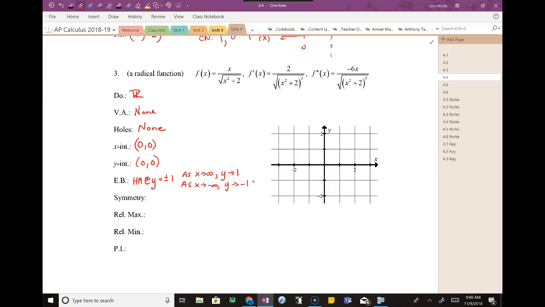We can check symmetry. So let's say we pick 1. If I plug 1 in, I would get 1 over the square root of 3. And if you plug -1 in, you get -1 over the square root of 3. So you get the negative version, so therefore it's symmetrical over the origin.